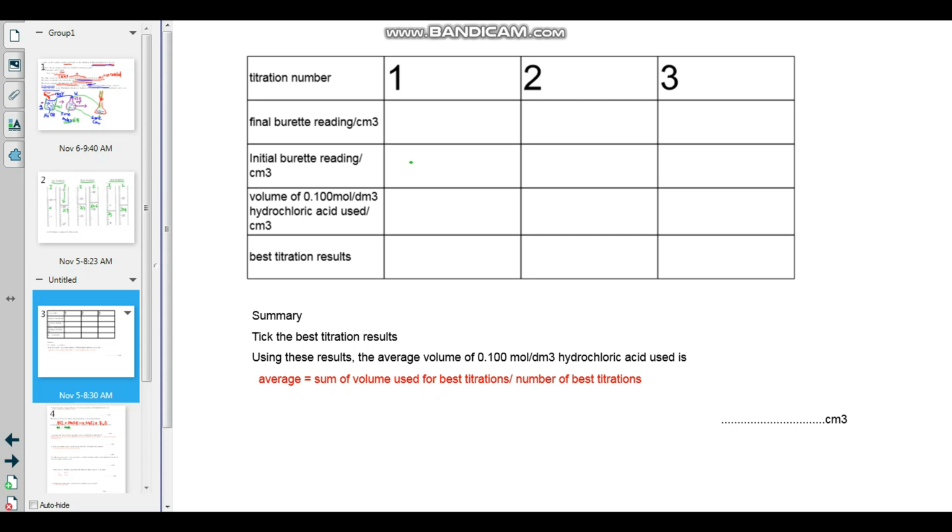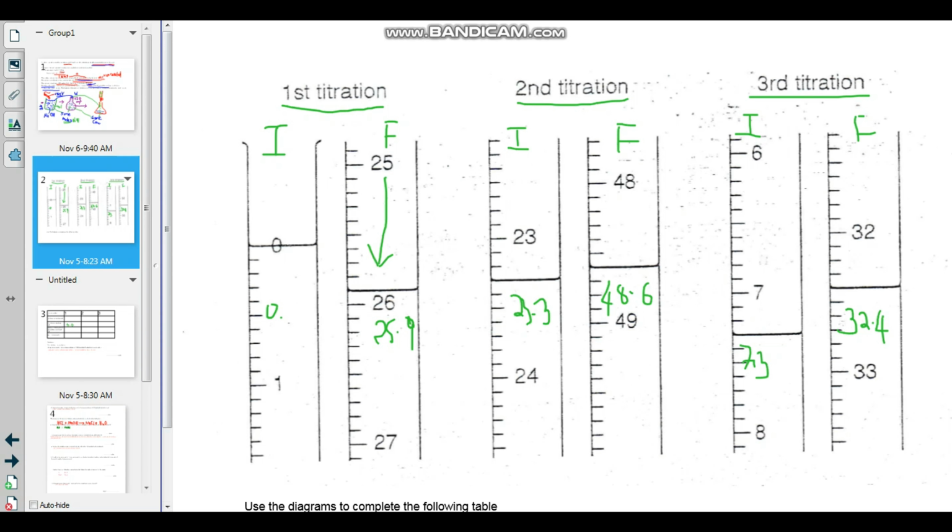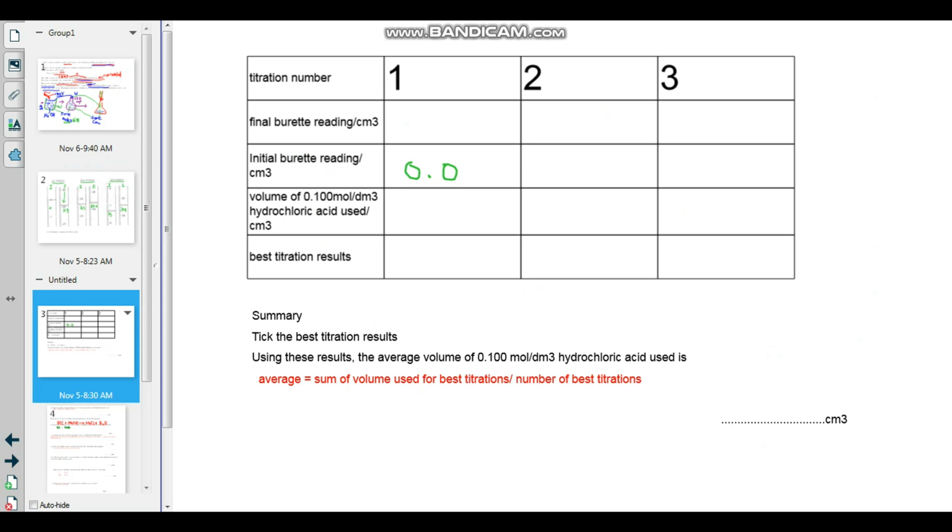Okay, we go to the table of results. The initial reading here is 0 cubic centimeters. The BGCSE syllabus recommends that you write this to 1 decimal place as 0.0, not just a 0. The final reading is 25.9 cubic centimeters.